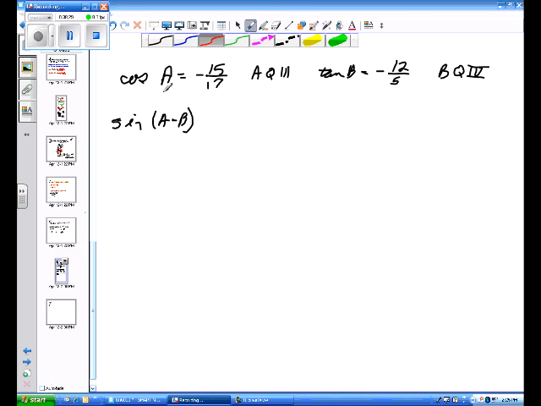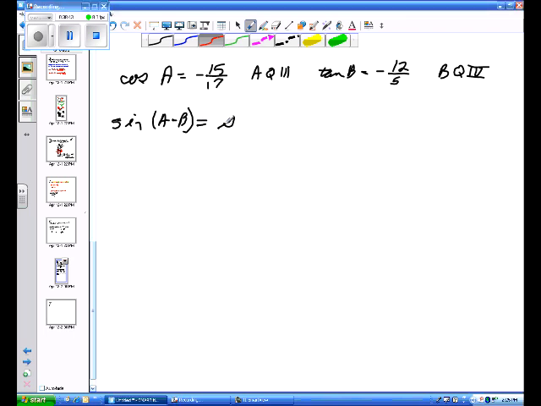We want to find out what that is when the cosine of a is negative 15/17 and a is in quadrant 3, and the tangent of b is negative 12/5 and b is in quadrant 4. Well, if we expand this, it's the sine of the first, cosine of the second, minus cosine of the first, sine of the second.